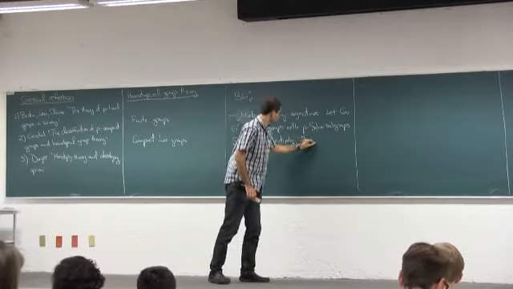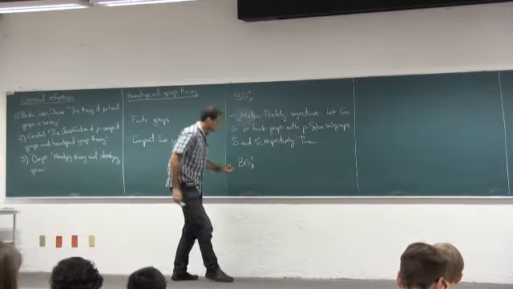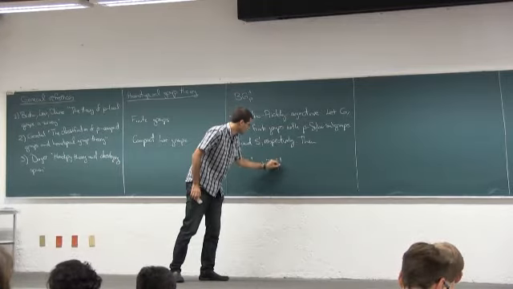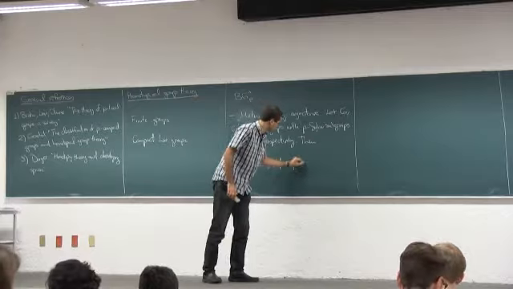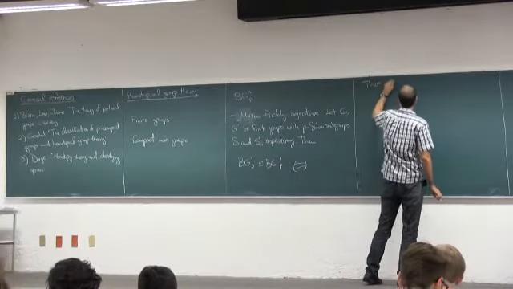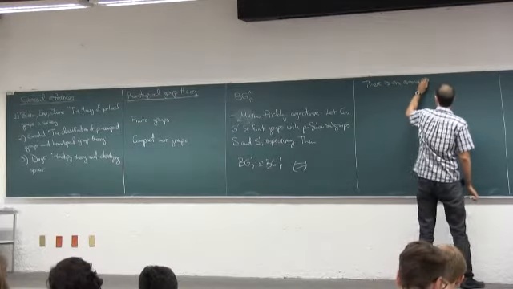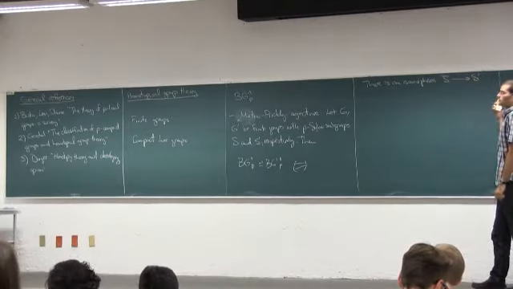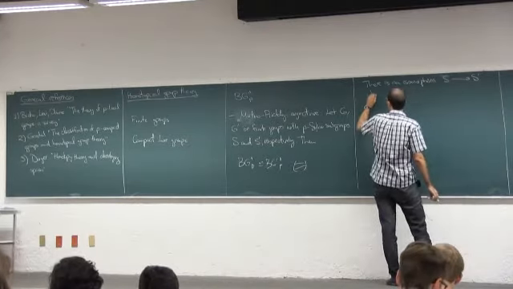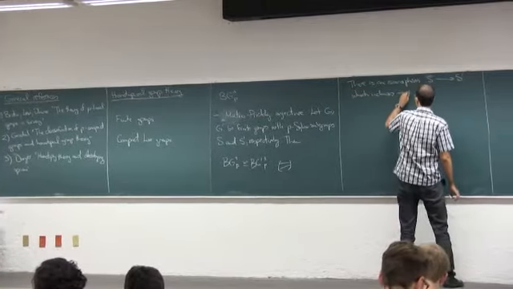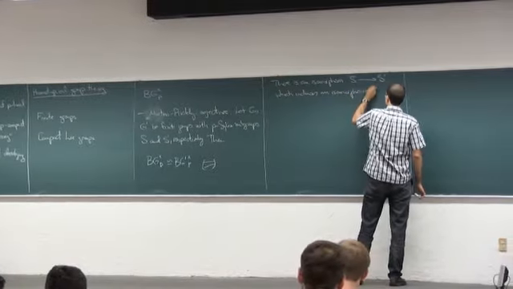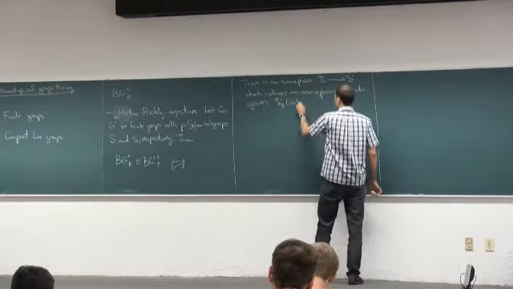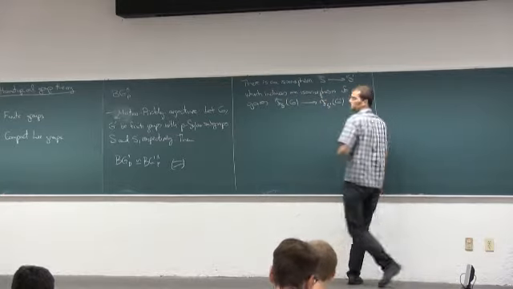Then the classifying space of G completed at the prime P is homotopy equivalent to BG' completed at the prime P if and only if there is an isomorphism of the Sylow subgroups which induces an isomorphism of categories F_S(G) to F_S'(G').